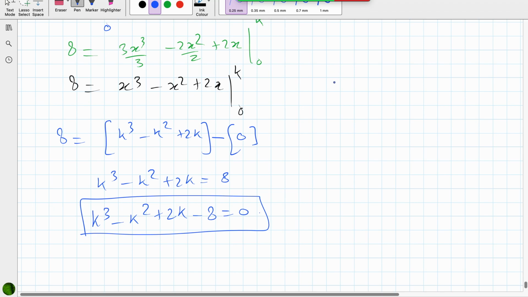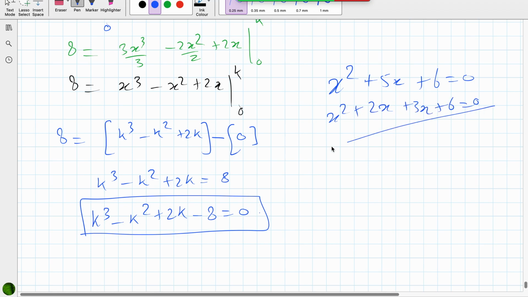You actually don't do that. For example, you have this question, x square minus 3x plus 6, right? We would look for mid-term breaking. Suppose we have this plus 5x. What we do is 2x, 3x plus 6, one thing.